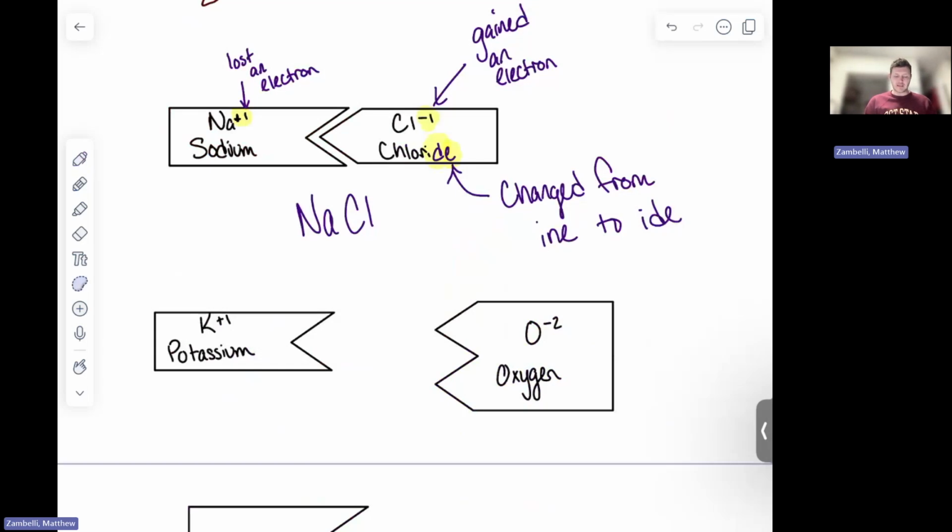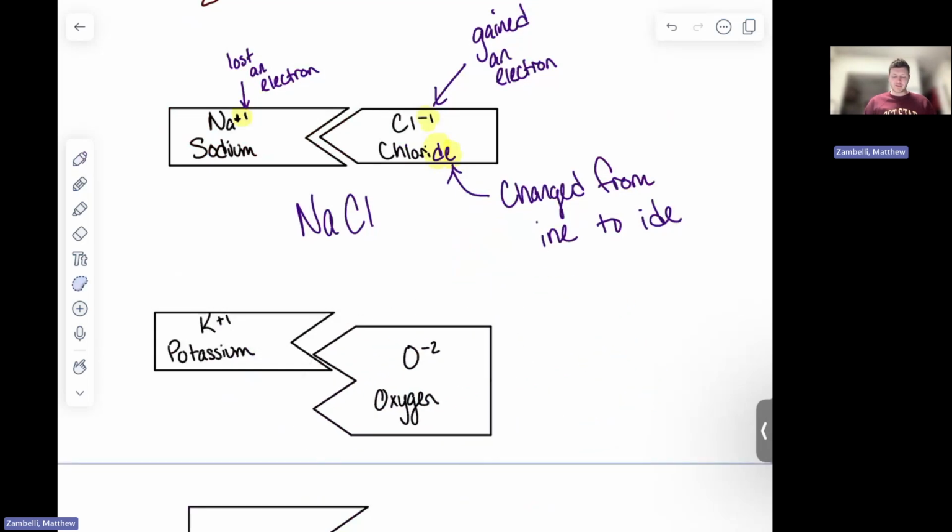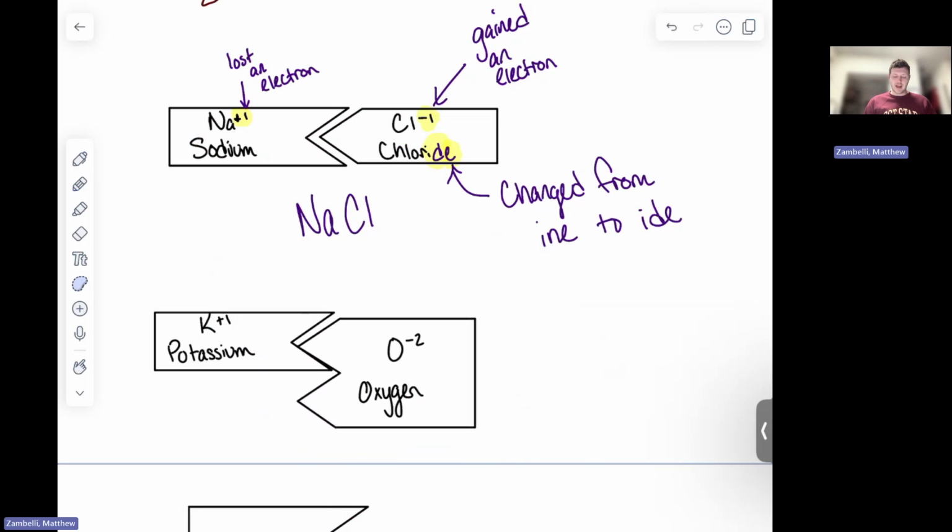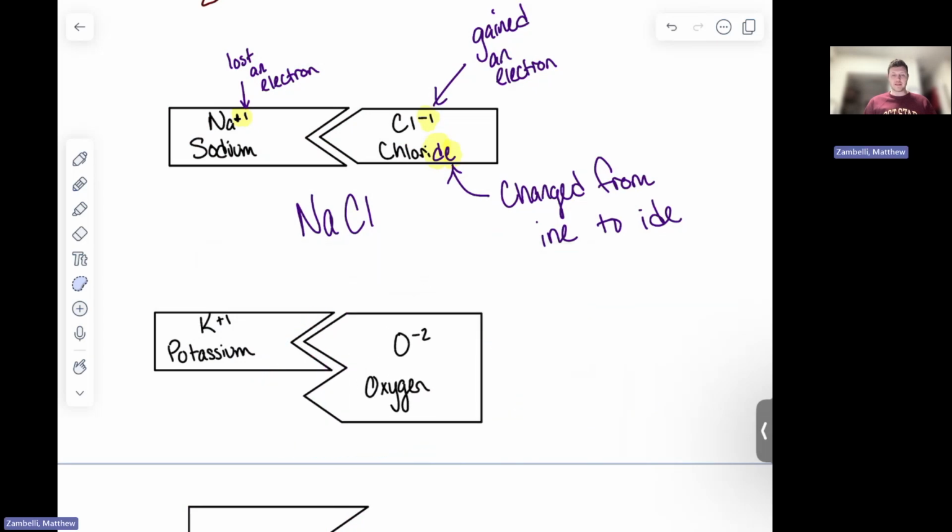So if we put these puzzle pieces together, oxygen's going to come over here and hang out with potassium. But if we notice, potassium is happy, it doesn't have any extra spaces that it hasn't used up. But oxygen's got this whole section right here. It's sad. It's not happy yet.